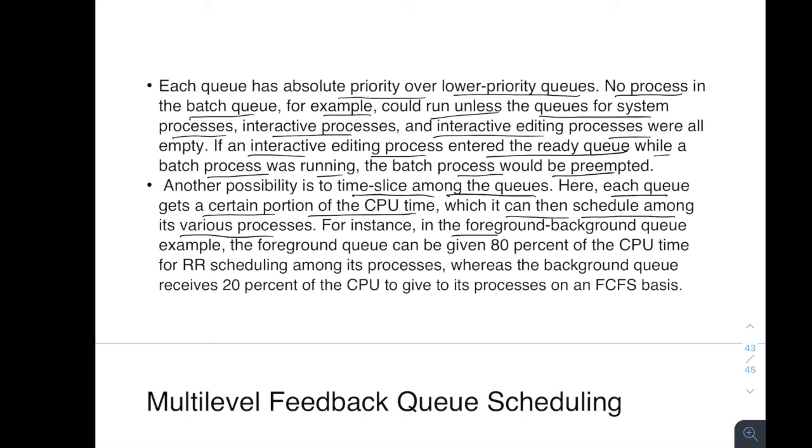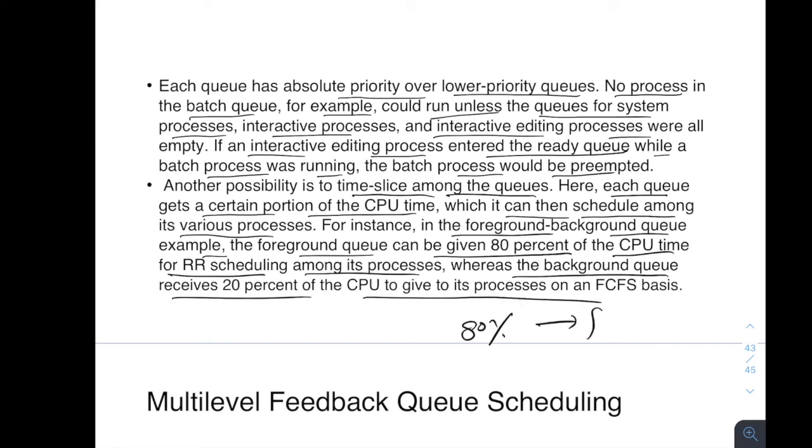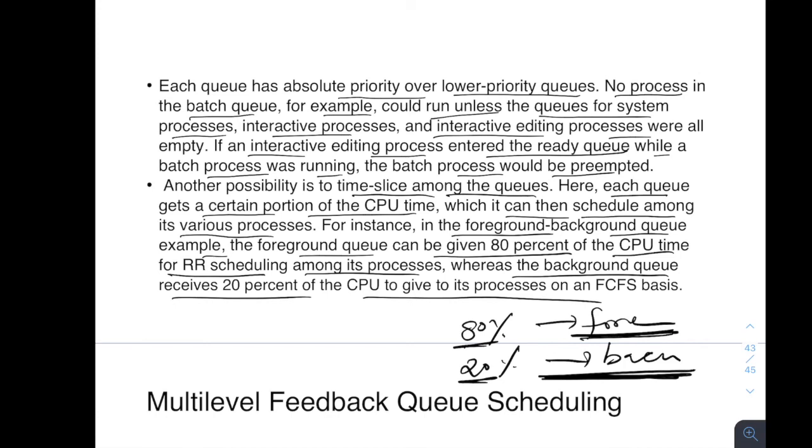For instance, in the foreground background queue example, the foreground queue can be given 80% of the CPU time for RR scheduling among its processes, whereas the background queue receives 20%, right? This time will be split between all the processes that are in this queue.